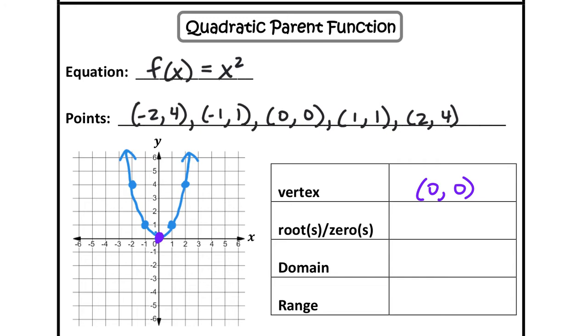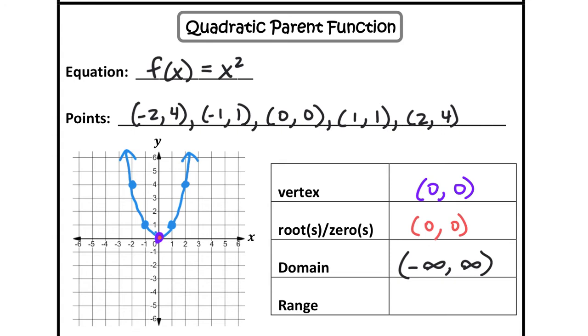The root, where it hits the x-intercept, is also at 0, 0. The domain, if I go from left to right, the arrow is going to the left towards -infinity, and the arrow on the right is going towards +infinity. So my domain is going to be -infinity to +infinity.